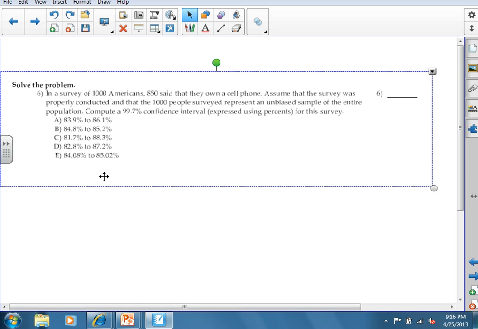In a survey of 1,000 Americans, 850 said they owned a cell phone. Didn't we just do this one? Compute a 99.7% confidence interval expressed using percentages for the survey.